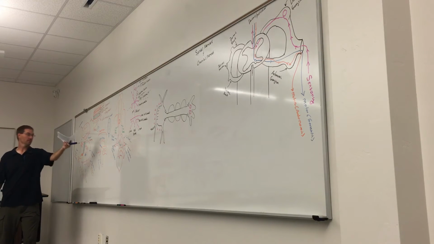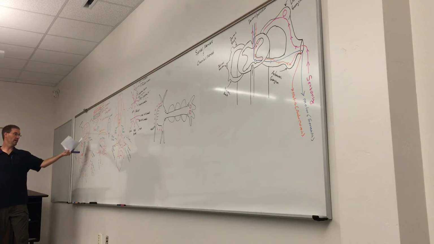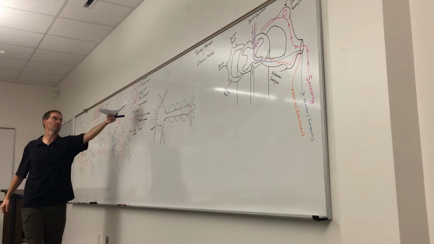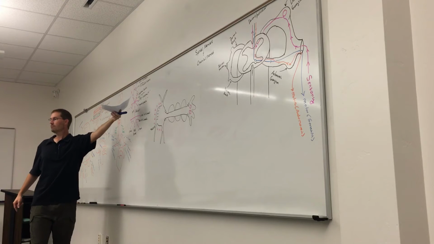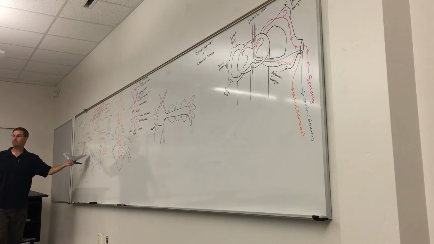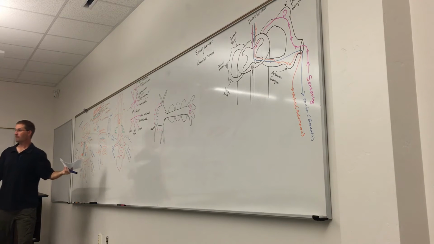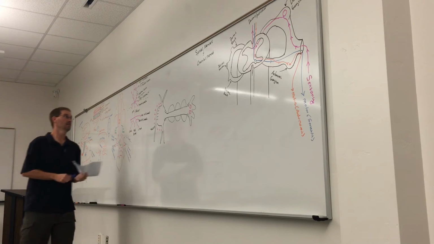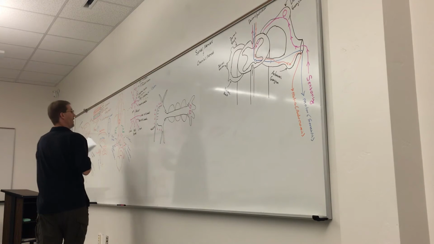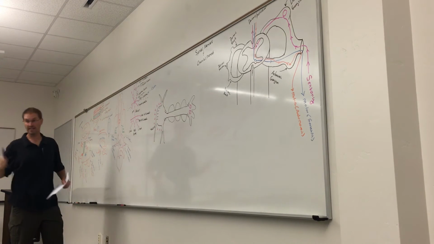So if I have a stroke that involves occlusion of the posterior cerebral artery, what primary signs and symptoms will I have? Vision changes. I'm going to have visual deficits. So this is going to hit my vision. You guys cool with that? All right. So that is a posterior cerebral artery if it takes a hit.